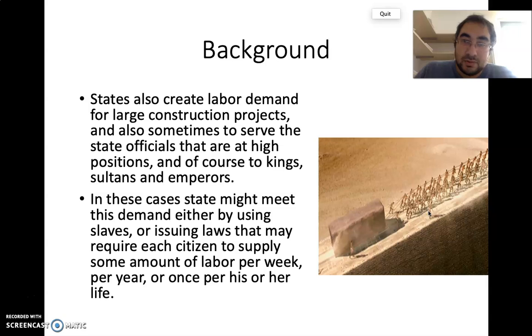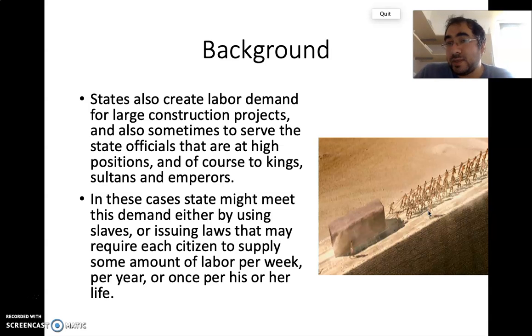And again, in construction projects, sometimes states require their citizens to supply a certain amount of labor power per week, per year. As late as the 19th century, the Mormon Church in the United States required all of its members to work in construction of temples every week for a certain time.